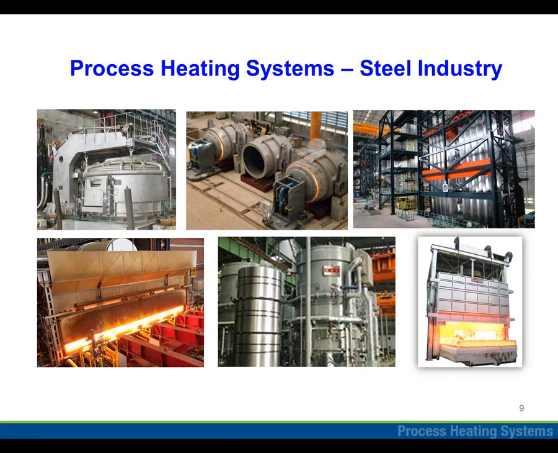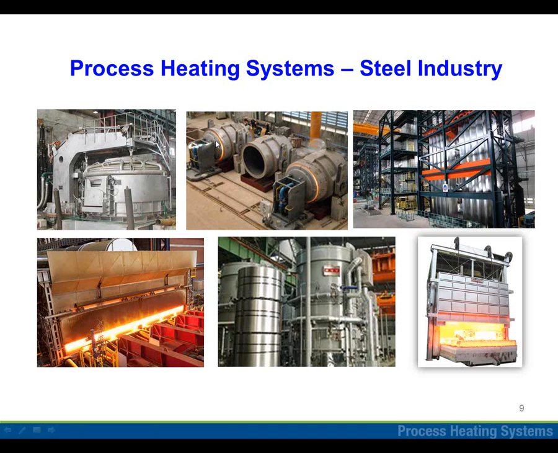As far as the steel industry is concerned, and particularly the mini mill or your kind of shops, what are the major process heating equipment? Electric arc furnace obviously is very large. The next slide is in the melt shop, you have a few ladles.